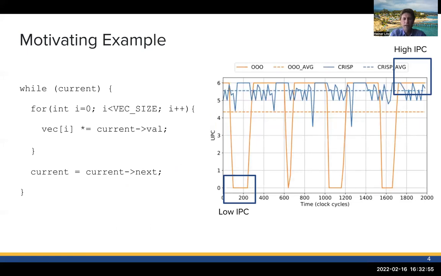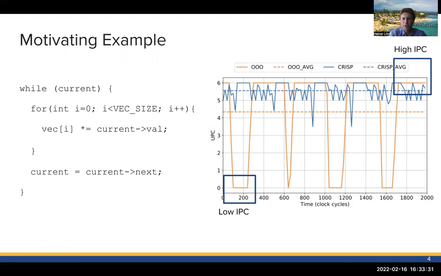And what you can see here in the yellow curve is that we are alternating between two phases, one with low IPC, where we are handling that irregular memory access pattern, and a phase with high IPC shown at the top over here, where we are executing code with high IPC. This results in a non-optimal average performance shown as the yellow dashed line.